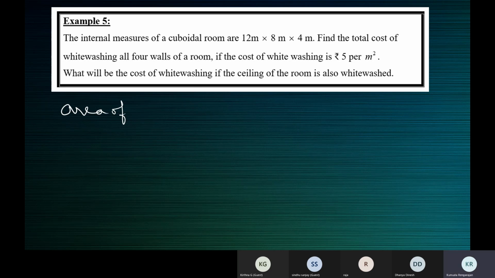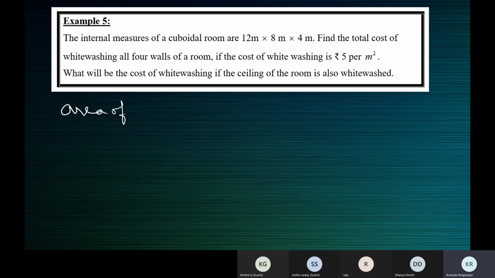If a room is cuboidal, the top face of the cuboid is the ceiling of the room. The bottom face of the cuboid is the floor of the room. The 4 walls of the room are the 2 side faces and the front and back face.